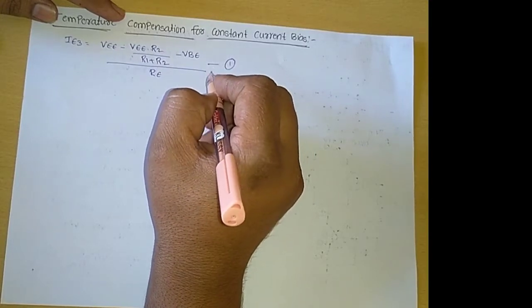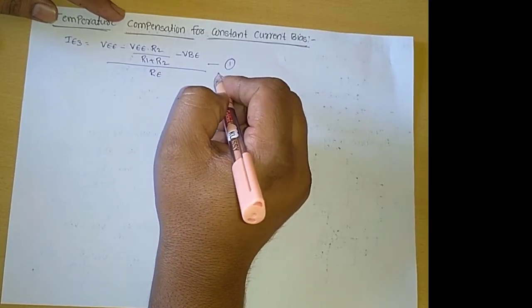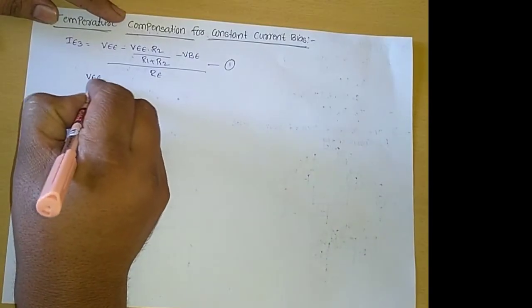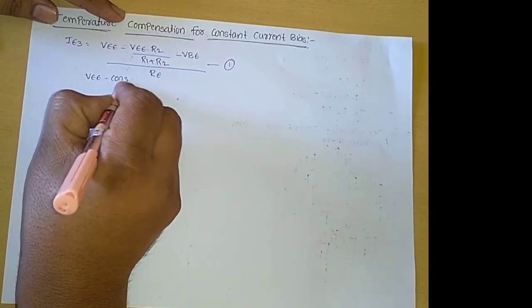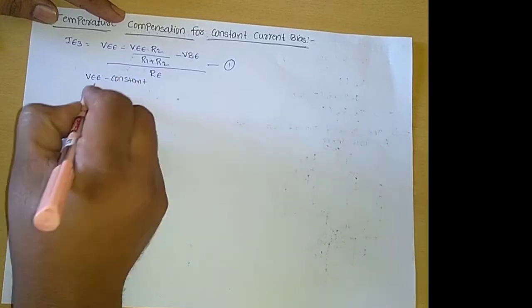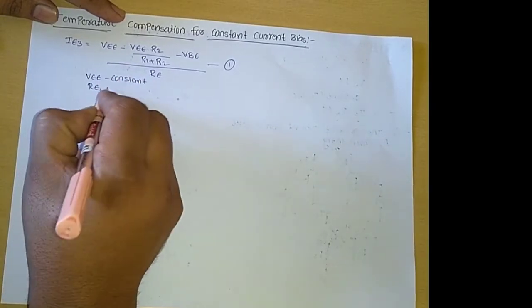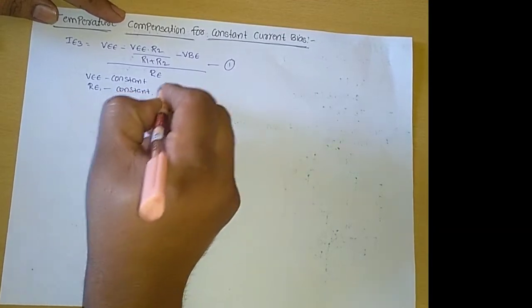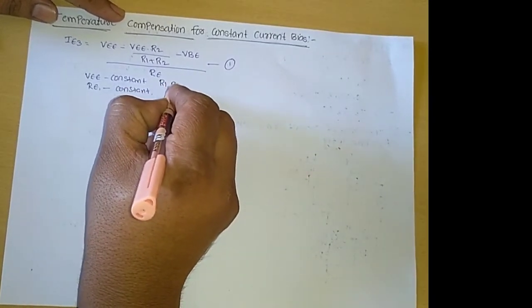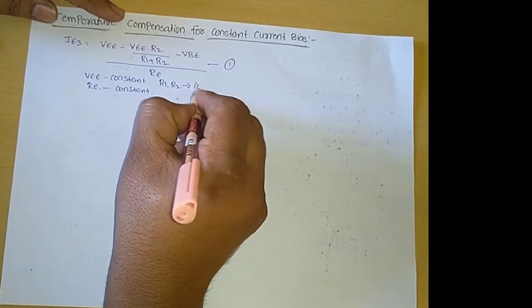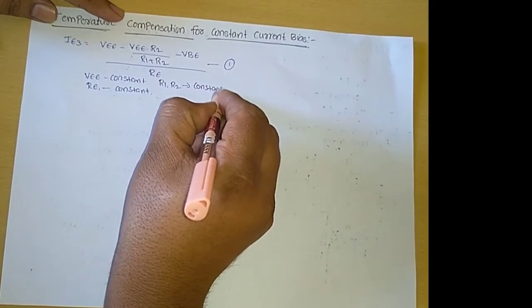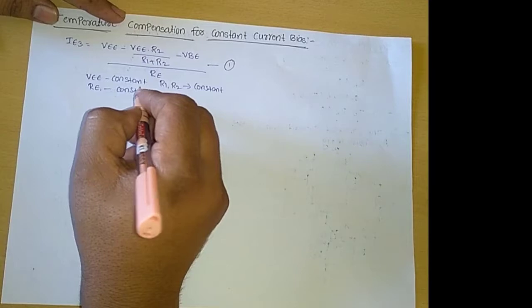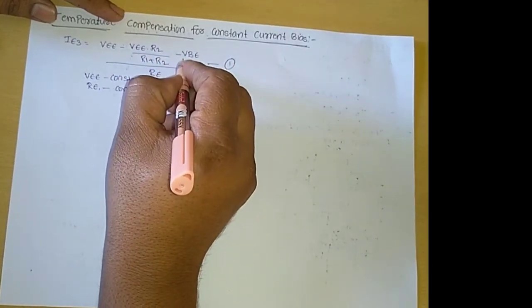With respect to the above equation, one important point we conclude is that VEE is constant, the emitter resistance RE is constant, and the resistors R1 and R2 are also constant. But in this equation, VBE is not constant.